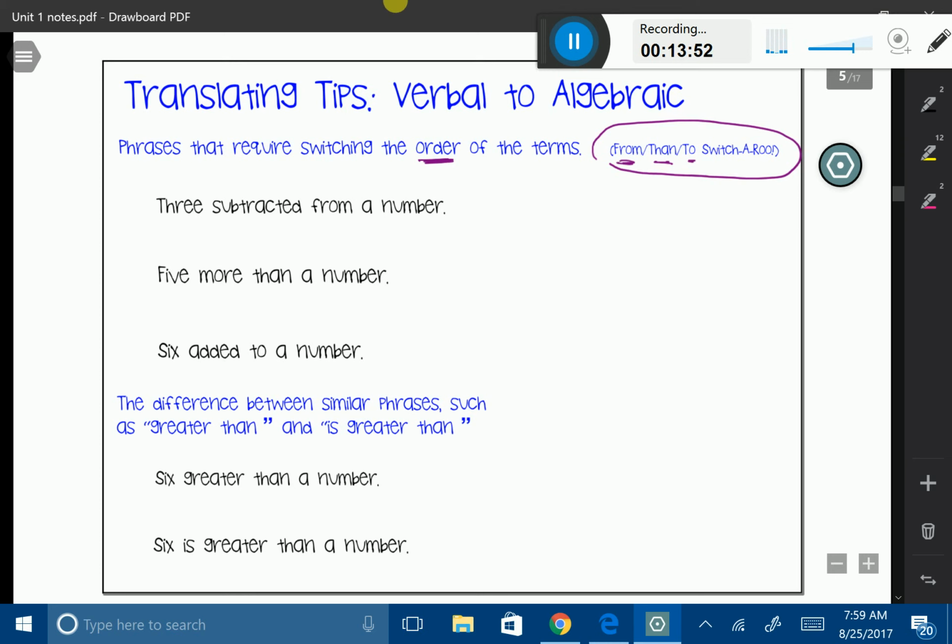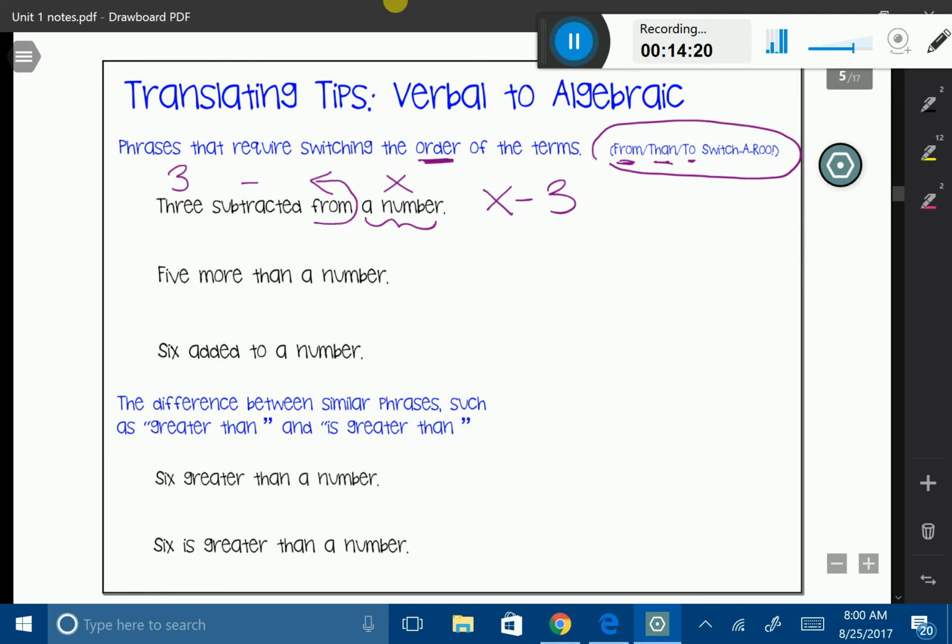Let me show you what I mean. 3 subtracted from a number. Well, let's take a look. 3 subtracted. The symbol that I use for turnaround, because "from" is a turnaround word, is a little arrow saying I'm turning it around. And then a number, x. So 3 subtracted from x. If you look at this, it says 3 minus x, but I actually want to flip their positions. x minus 3.